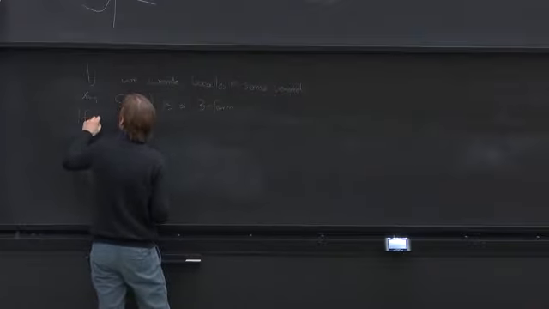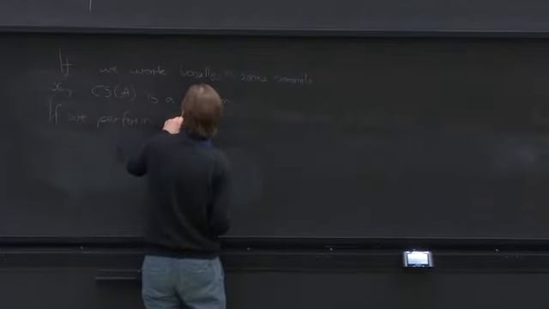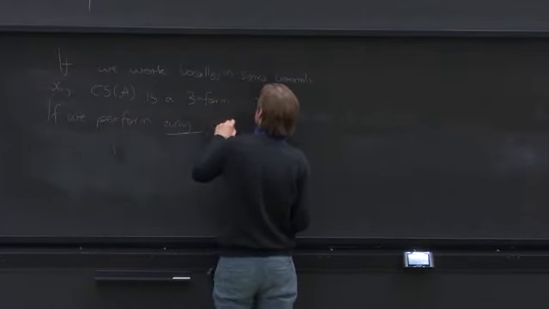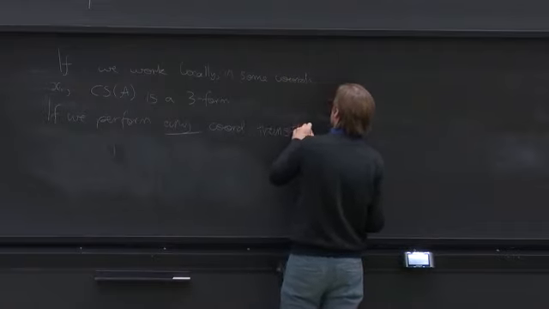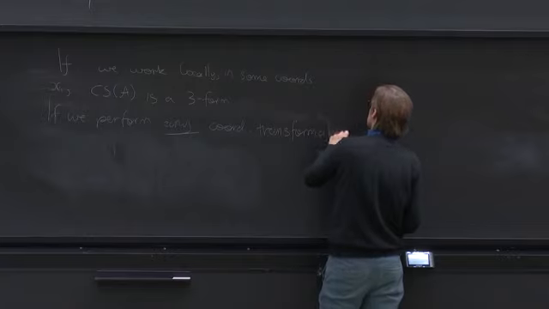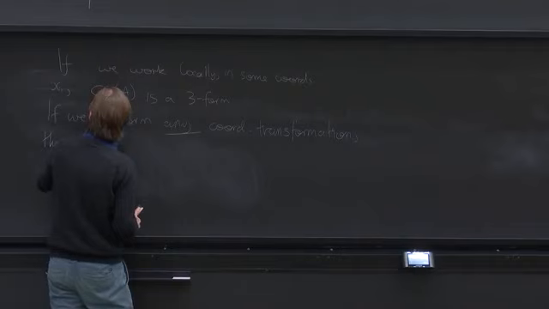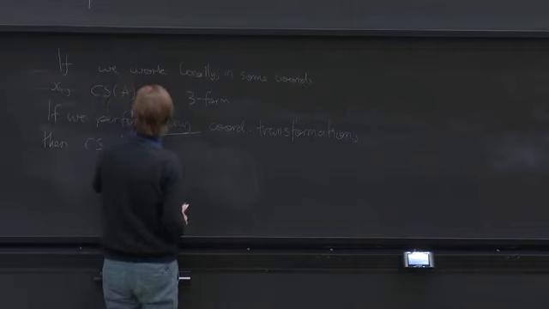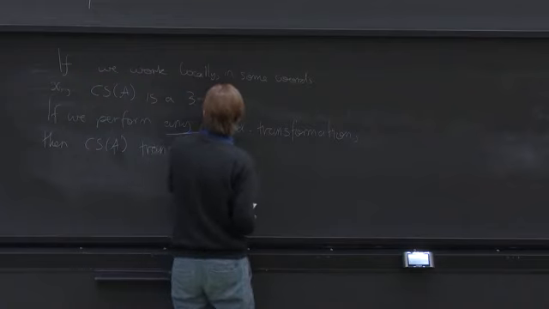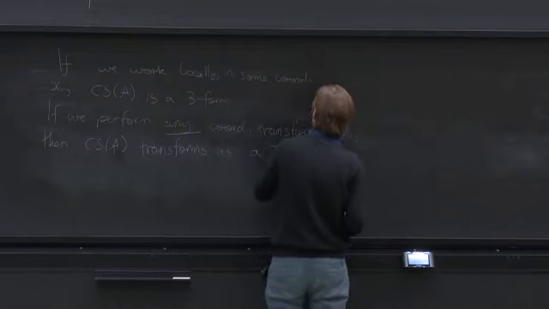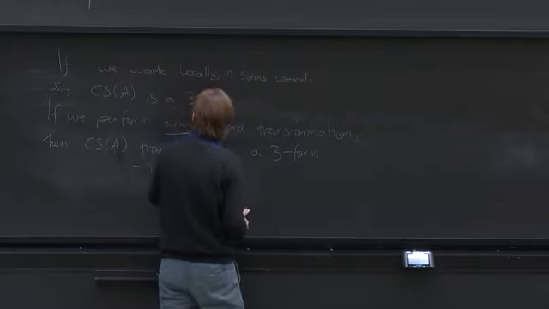If we perform any coordinate transformation, then the Chern-Simons form transforms as a three-form. That is, it picks up a Jacobian factor.